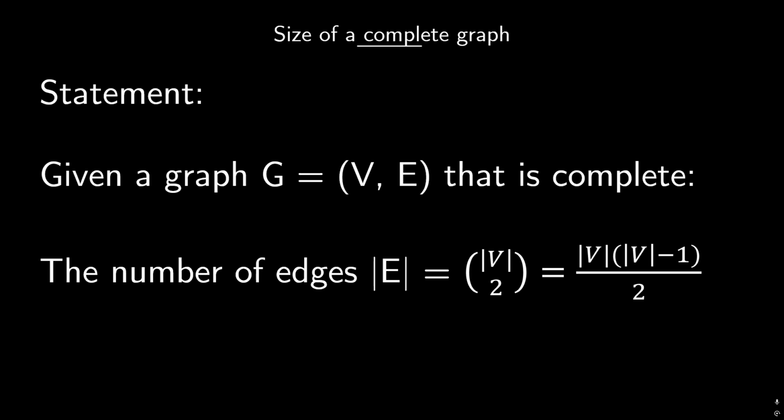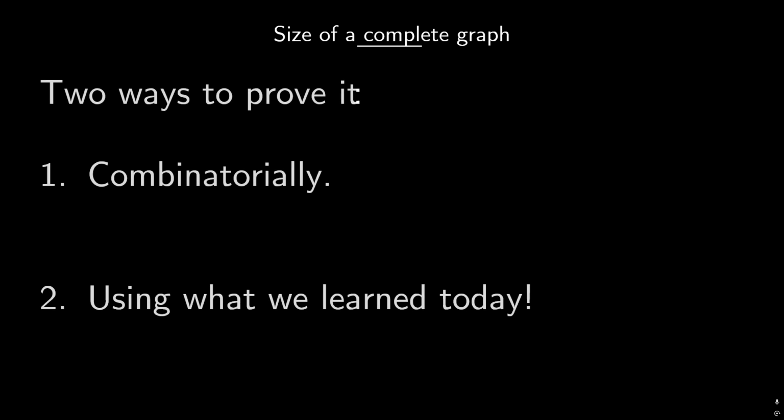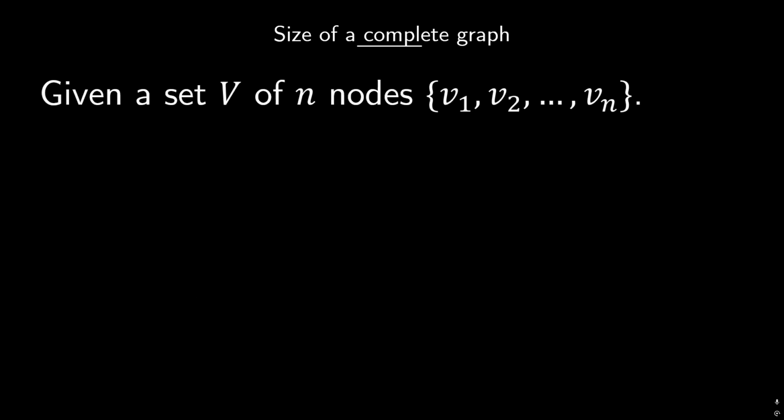Okay, so there are 2 ways to prove this fact. We can do it combinatorially using last week's techniques, or we can even use what we learned today. Let me show you how to do it both ways. Given a set of V nodes, let's say there are n of them, I'm going to label them 1 to n, so v1, v2 until vn.